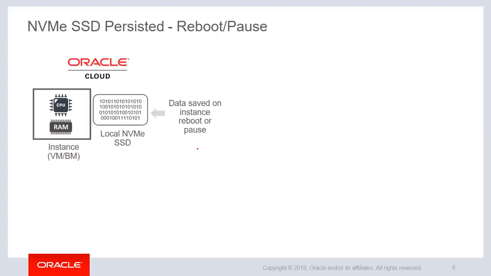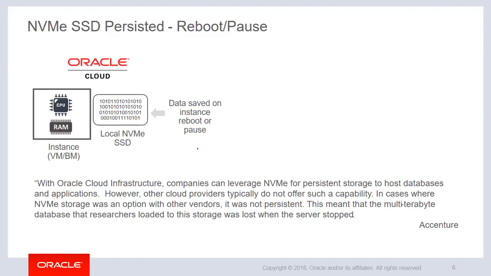Now, one thing I said in the beginning is that these are temporary storage, but they survive reboot. So what do I mean by that? What I mean with this is if you're running our instance, whether it's a virtual machine or a bare metal instance, and you have local NVMe SSD, the data is saved on the instance if you reboot or pause the instance.